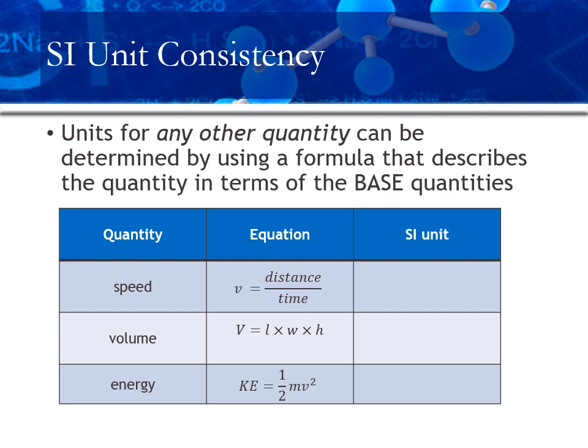So distance, we know the fundamental SI unit for distance is the meter. We divide that by the unit for time. The unit for time in the SI system is the second, and therefore the one and only SI unit for speed is the meter per second. Notice that this is not a base unit, it's an algebraic combination of the base units, but it's still the one and only SI unit for speed.